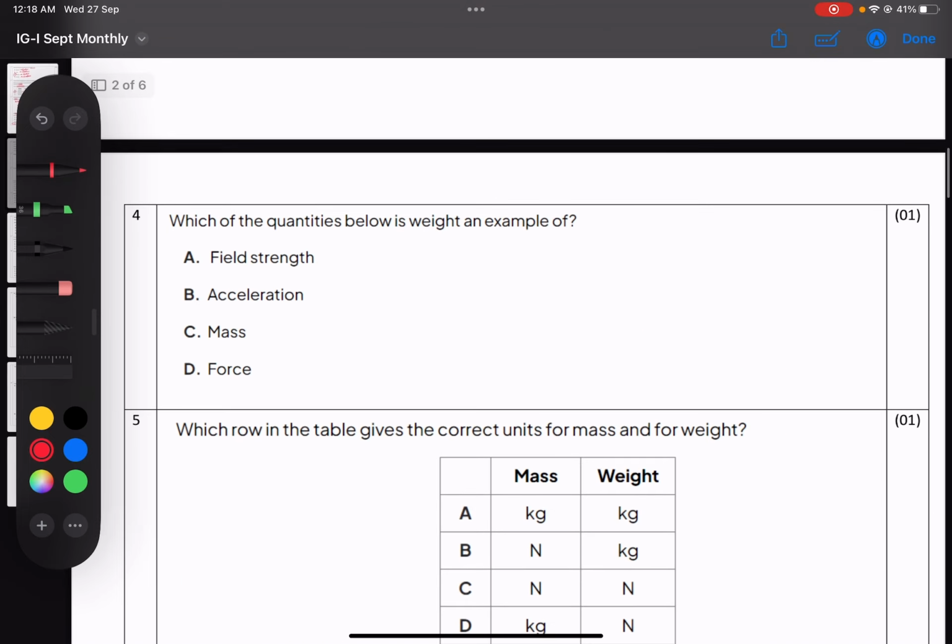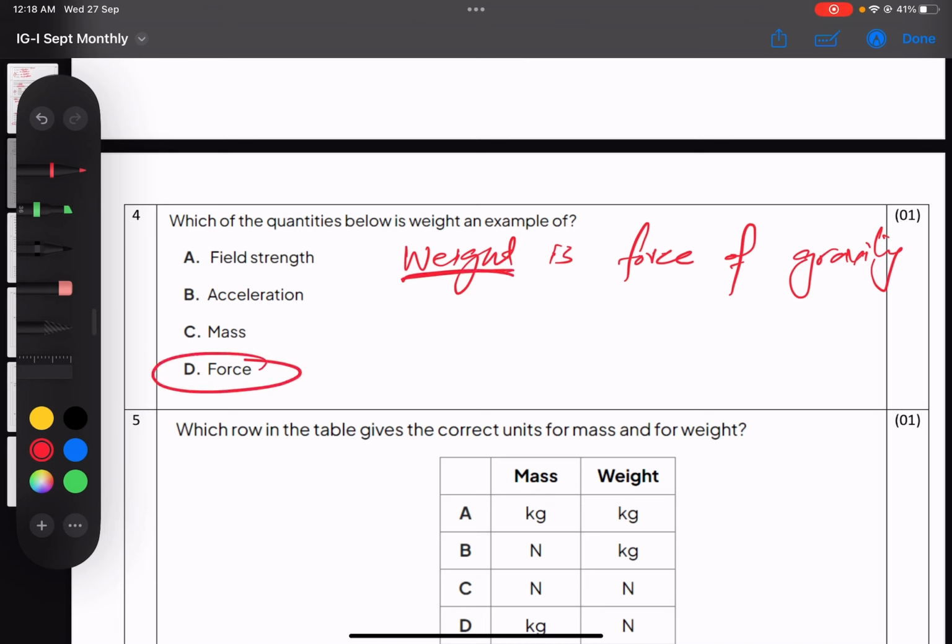Question 4. Which of the quantity below is weight an example of? Weight is basically force of gravity. So it's option D. You can also judge it by the units. Force is measured in Newton and weight is also measured in Newton.